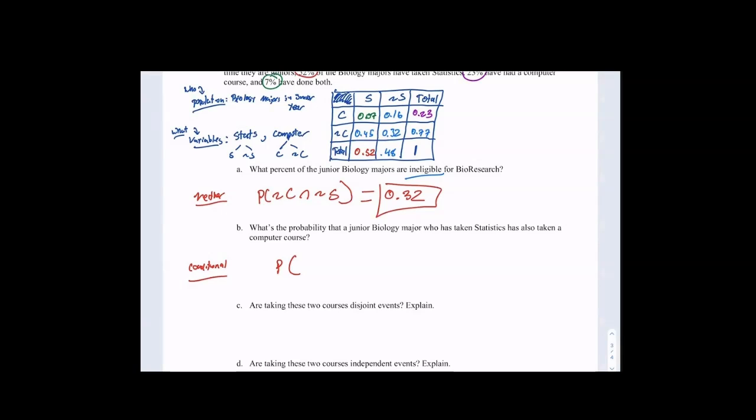This is the toughest part of the whole homework, I think. This is the probability of, we know it's a conditional. What do I want to know? Have they taken what? Have they taken computer science, but I know they've taken stats?